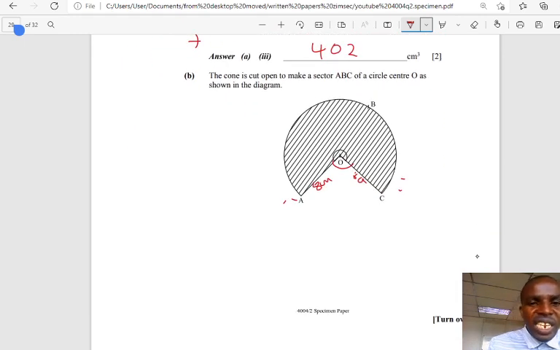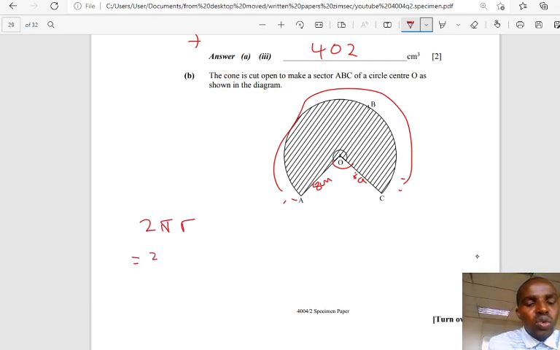So circumference length AC from this side to this side is 2 pi r, which is equal to 2 times 22 over 7 times radius 8 centimeters. Then you can get that item.